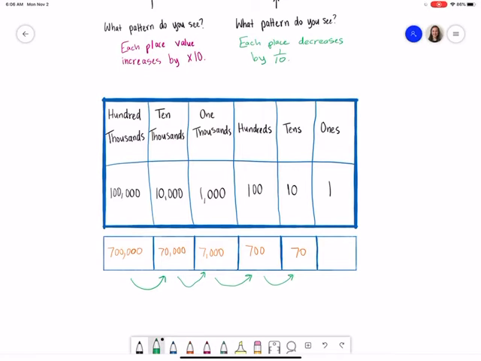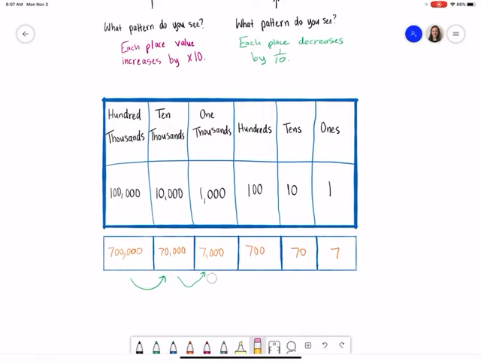And the last one is 7. So look at my zeros, because that's a pattern as well. What's happening to my zeros when I move up? I'm adding 1 zero to the end each time. What about when I'm moving back? I'm taking away a zero each time. Okay?